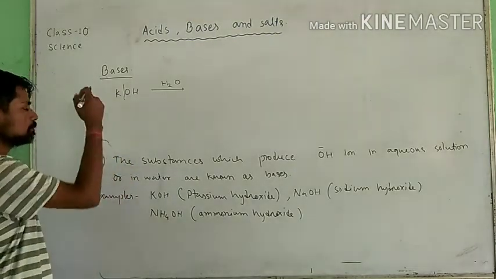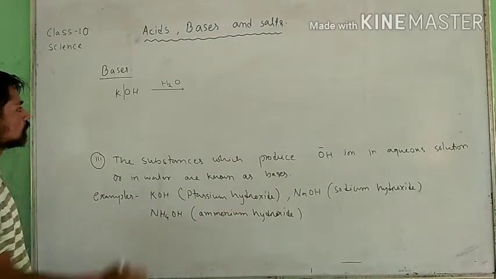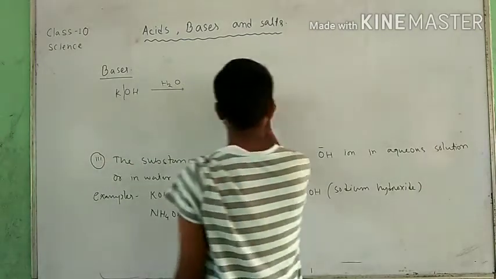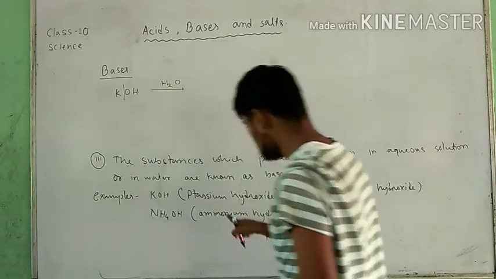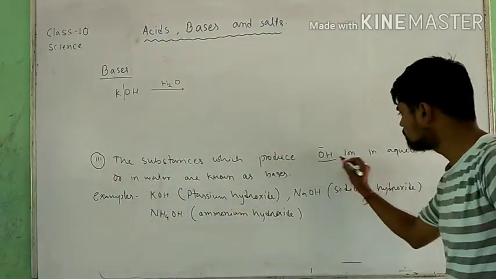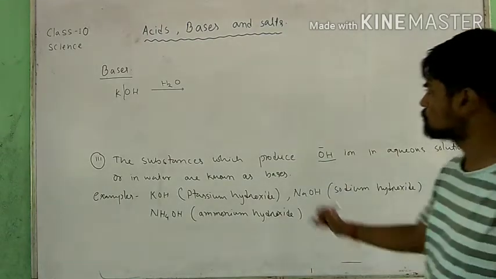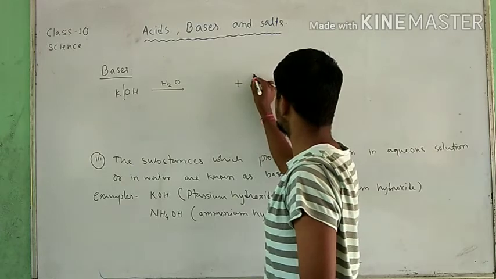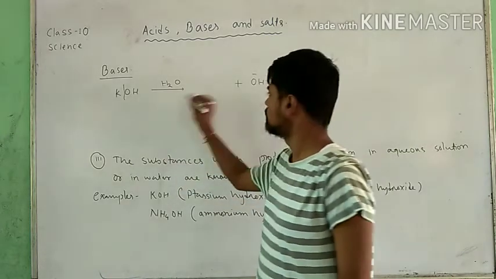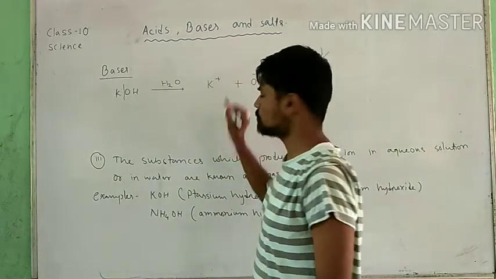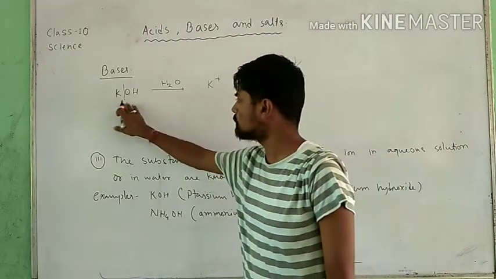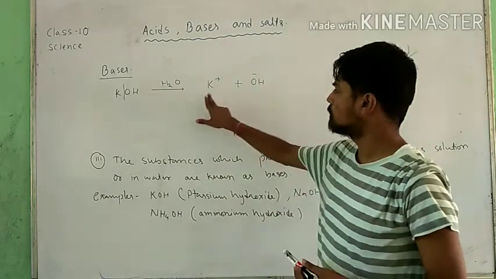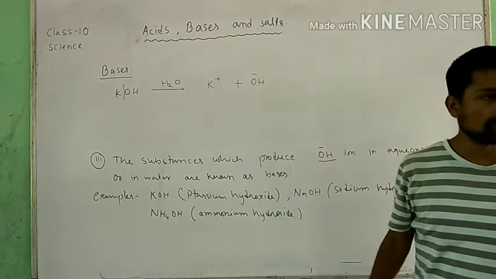The remaining part may be anything, but one part must be OH. In the definition we wrote that it produces OH negative ion. So write OH negative ion, and the remaining part is K. So write K positive. So when potassium hydroxide is added to water, it produces K positive and OH negative ion.